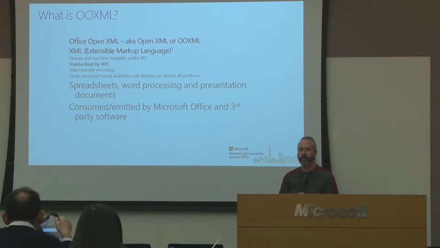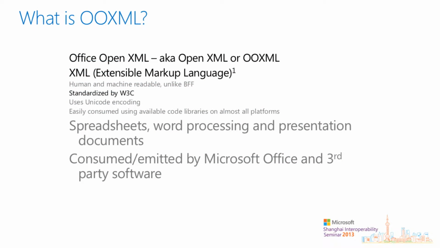So what is OOXML? It stands for Office OpenXML. Sometimes we just call it OOXML or OpenXML. At the most fundamental level, OOXML is based on the W3C standard for XML, which is the extensible markup language.